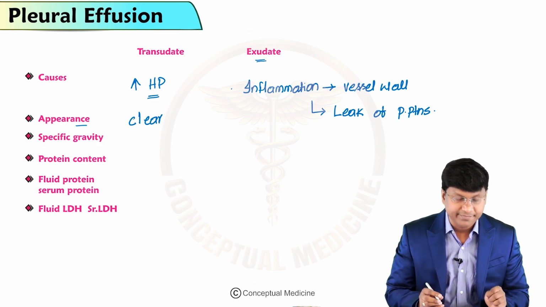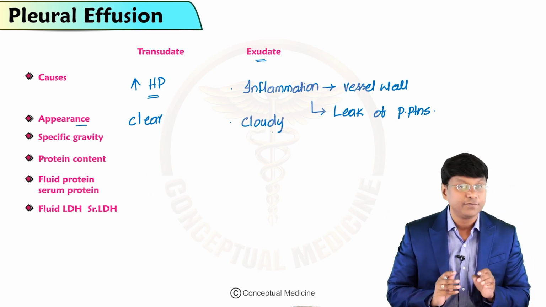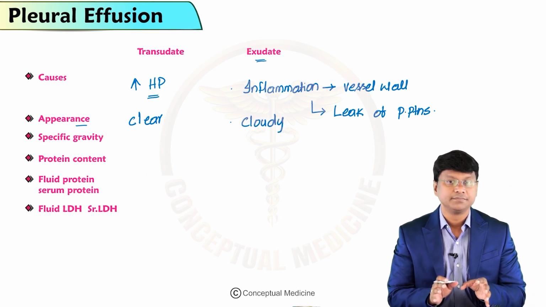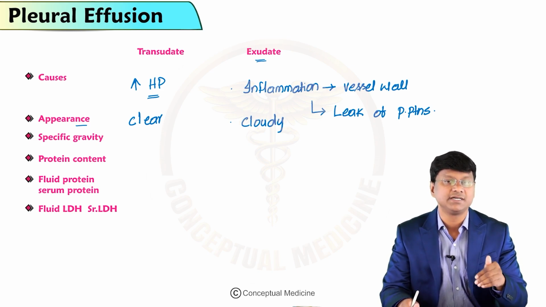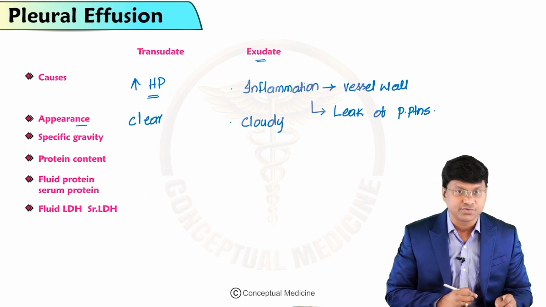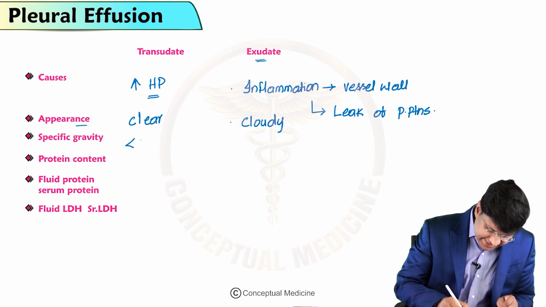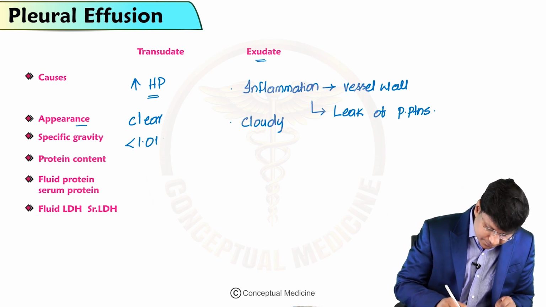So if you see the appearance of the fluid, in transudative pleural effusion the fluid is clear, whereas in exudative pleural effusion, the fluid is cloudy. Why is that? Because of the presence of the plasma proteins in the pleural fluid. And if you take the specific gravity, in transudative it is less than 1.012.